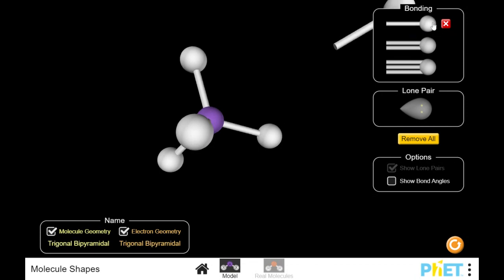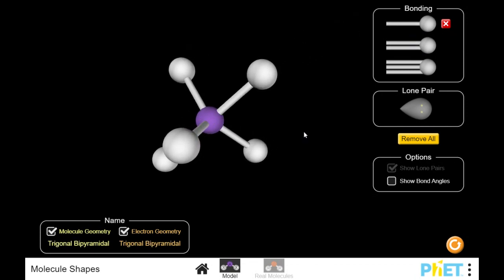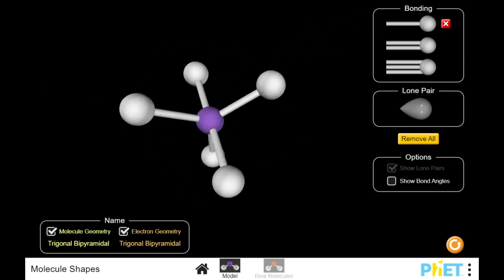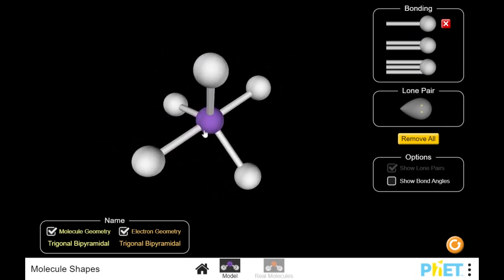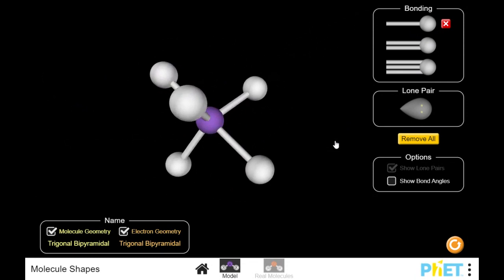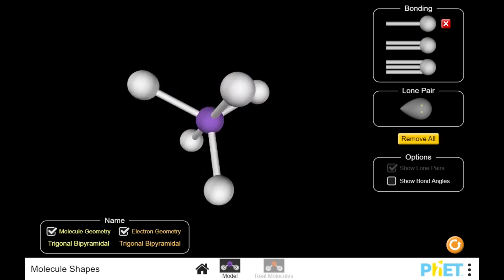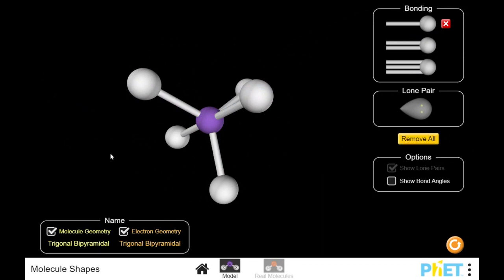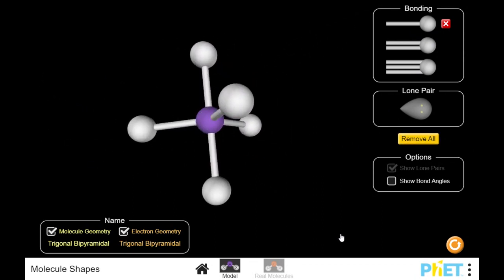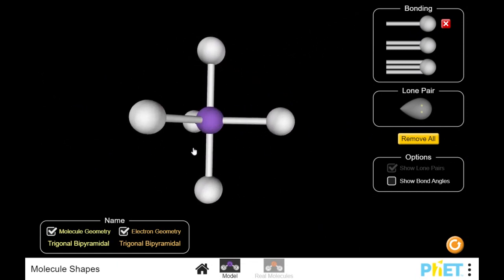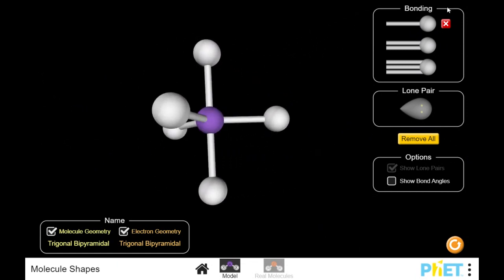When the atoms get bigger, they can bend it. 5 bonds means you have to have 10 electrons, right? Well, that's a breach of the octet rule, but phosphorus is allowed to split its non-bonding pair of electrons into a bonding pair. So this gets to be a trigonal bipyramid.